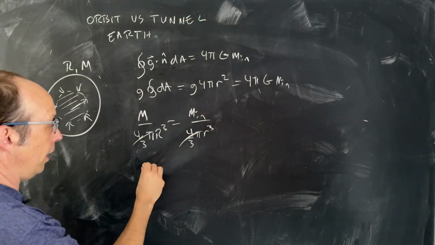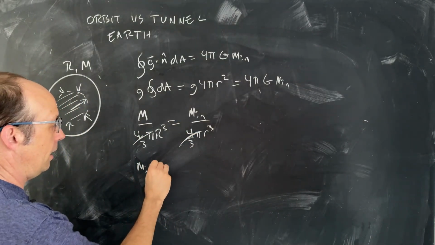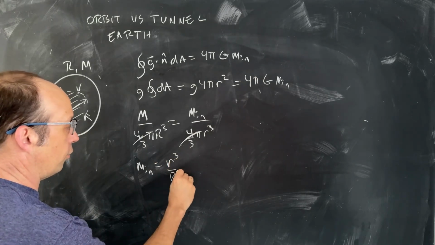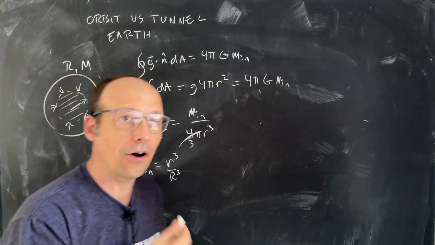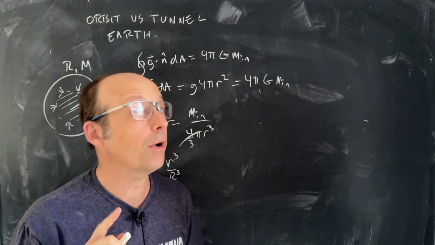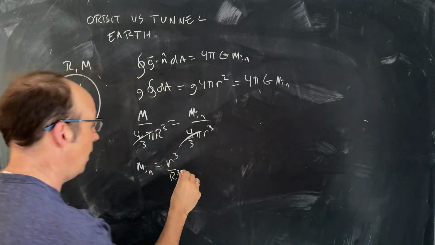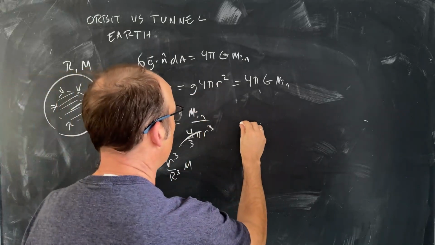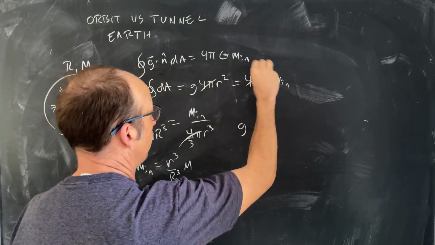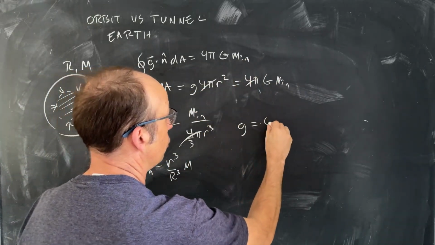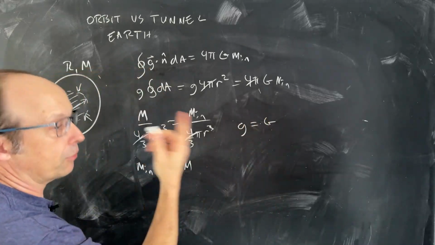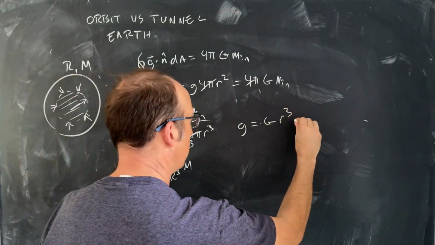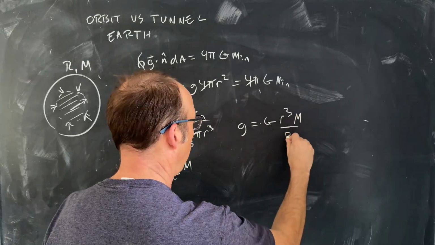And if I solve for M in, I get M in equals r cubed over R cubed. You notice how I say that, r cubed over R cubed, that way you know it's capital. Okay, M. And so if I put that in up here, the 4 pi cancels that 4 pi, and I get g equals capital G, again, mass in, which is going to be r cubed M over R cubed.